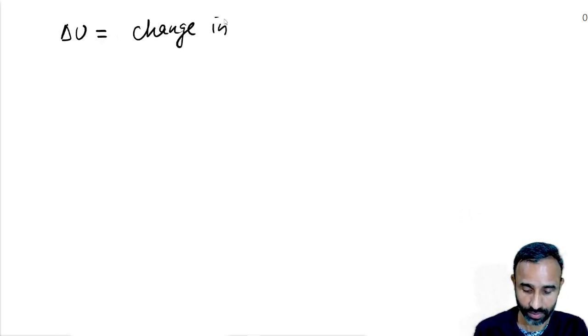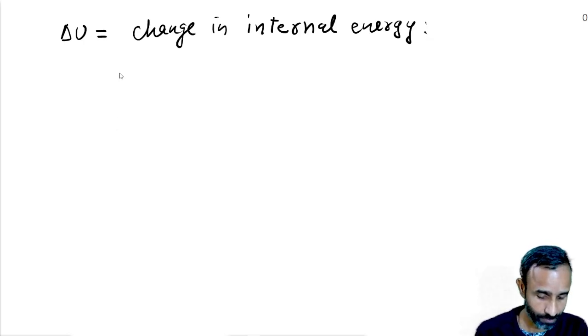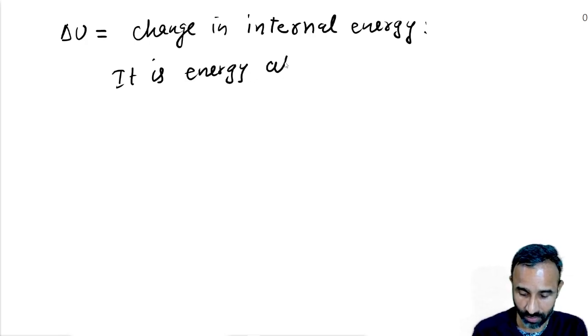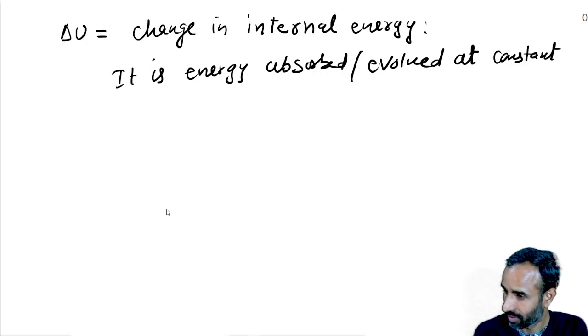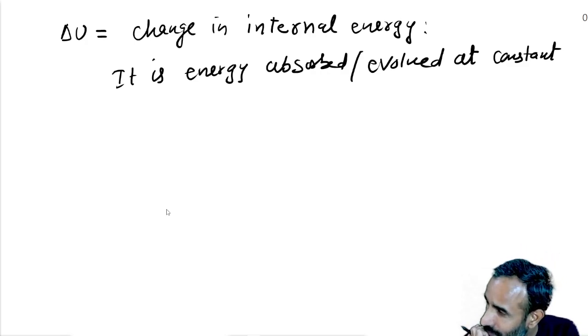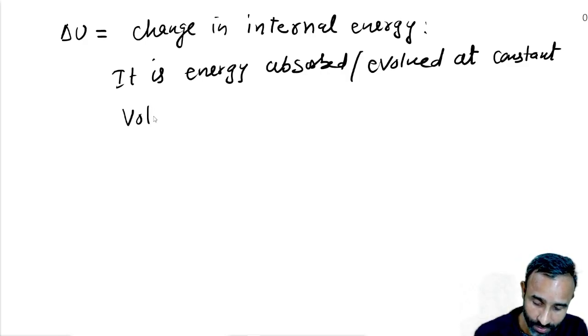And what is delta U? Could you define it? It is the energy absorbed or evolved at constant volume.